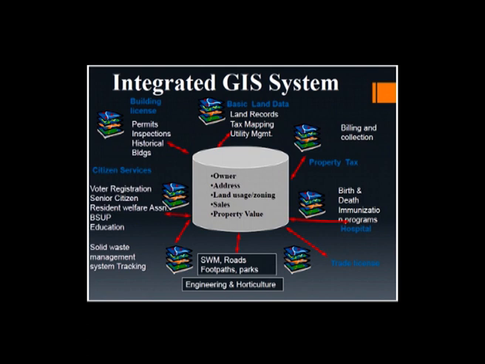As far as an integrated GIS system is concerned, the urban landscape can easily utilize it, because GIS is a system to collect any kind of data, including spatial data. So the ownership, the land records, the tax, the billing and collection of taxes, and any kind of certificates required by the inhabitants of the city can be handled.